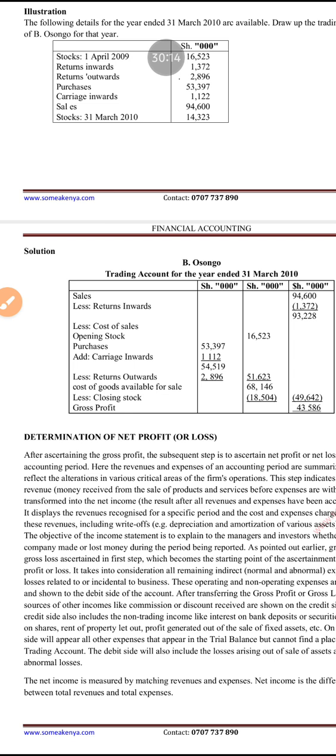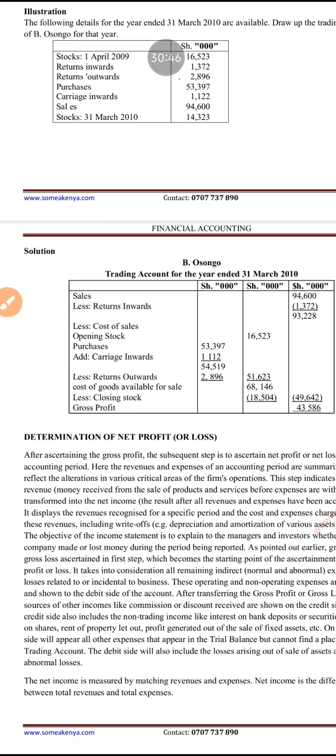We add purchases, we add carriage inwards, we less return outwards, because we purchased the goods and then we returned them back to the supplier, and therefore you have to deduct them from our purchases. Then finally, we less the closing stock, because it is still in our stock and therefore it has not yet been sold.